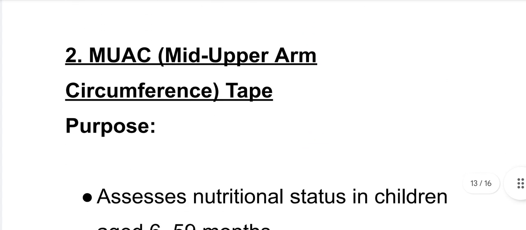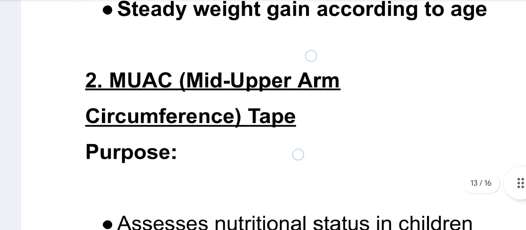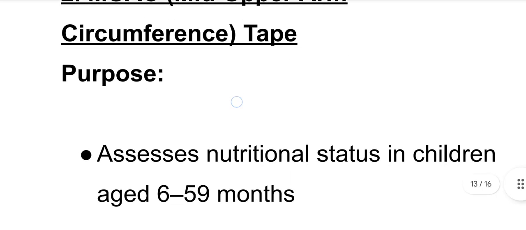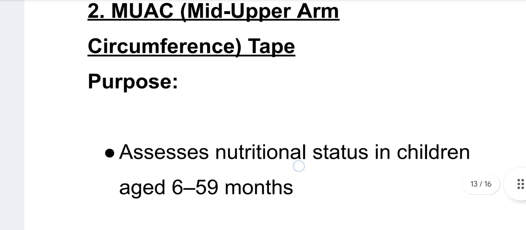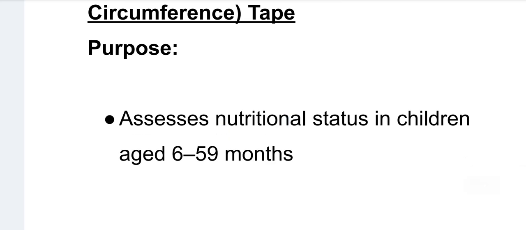We also use another instrument apart from the scale, with which we measure weight. We have what we call MUAC, mid-upper arm circumference. This one is a tape. What's the purpose of MUAC? It assesses nutritional status in children aged 6 to 59 months.